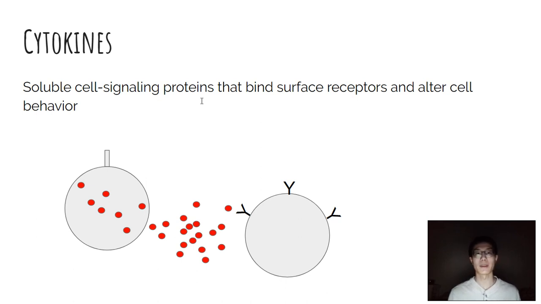But these cytokines are released by cells to help signal other cells about potentially needing help. So it's going to potentially help stimulate the movement of other cells towards sites of infection, towards sites of inflammation, and maybe even sites of trauma.